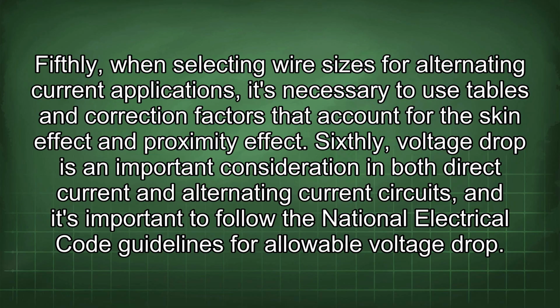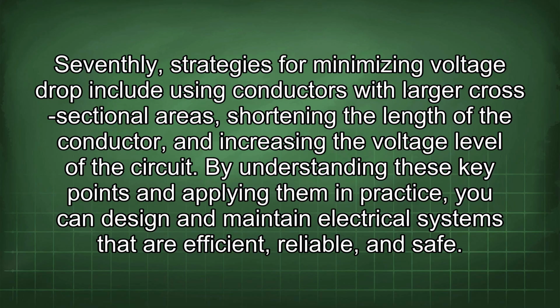Sixthly, voltage drop is an important consideration in both direct current and alternating current circuits, and it's important to follow the National Electrical Code guidelines for allowable voltage drop. Seventhly, strategies for minimizing voltage drop include using conductors with larger cross-sectional areas, shortening the length of the conductor, and increasing the voltage level of the circuit. By understanding these key points and applying them in practice, you can design and maintain electrical systems that are efficient, reliable, and safe.